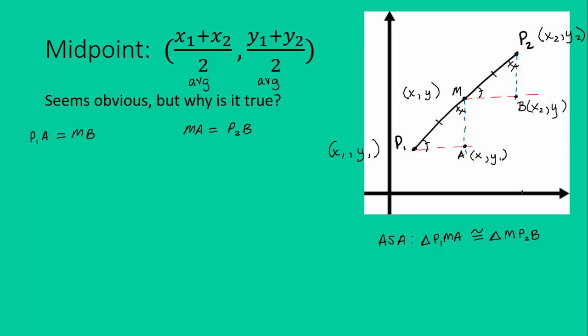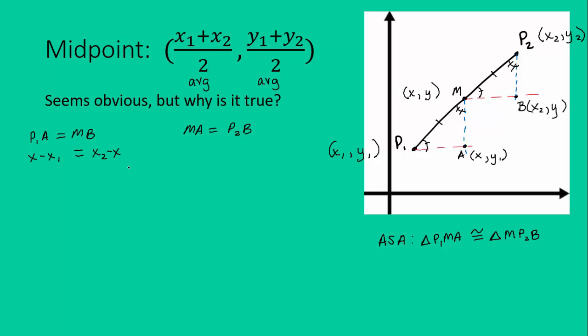All right, now I think all our coordinates are labeled, and we can start writing some equations here. The distance from P1 to A would be x minus x1, since they're arranged in a horizontal line. And the distance from M to B would be x2 minus x.